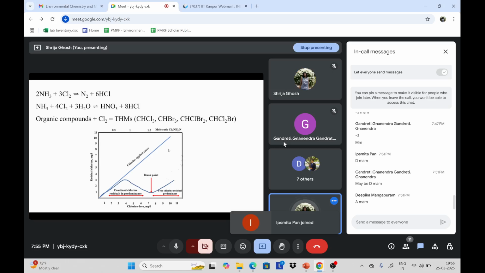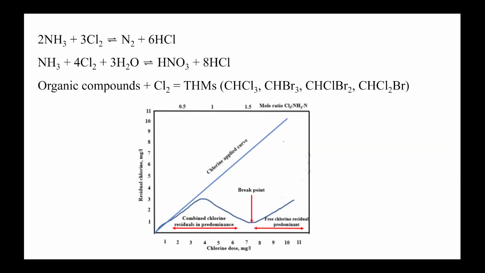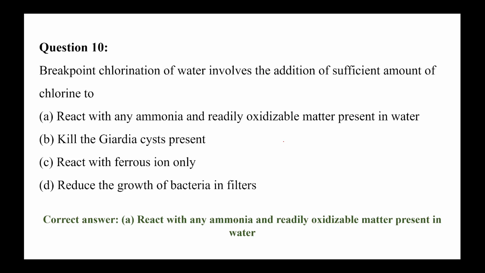So that's why breakpoint chlorination of water involves the addition of a sufficient amount of chlorine to react with any ammonia and readily oxidizable matter present in water. It also reduces the growth of bacteria in water, right?